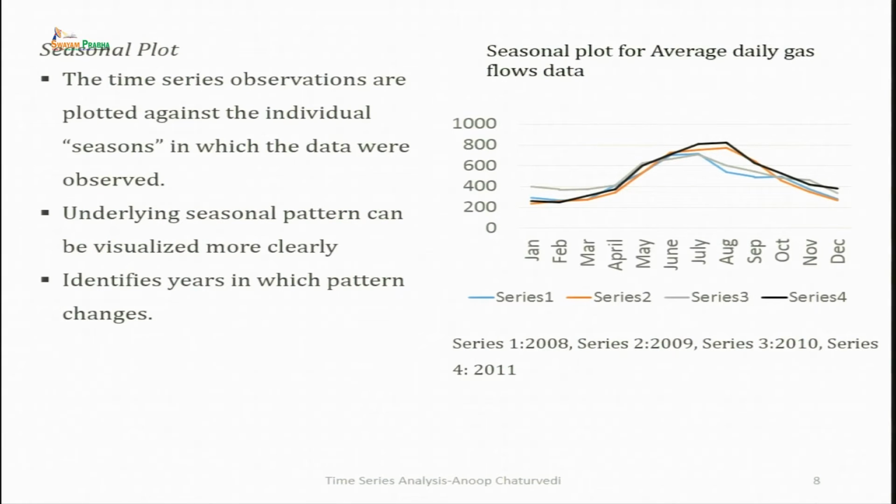Series 1 denotes the graph corresponding to year 2008, series 2 corresponds to year 2009, series 3 corresponds to 2010 and series 4 corresponds to 2011. On the x axis we have taken different months, and then we have plotted observations corresponding to different years against different months.